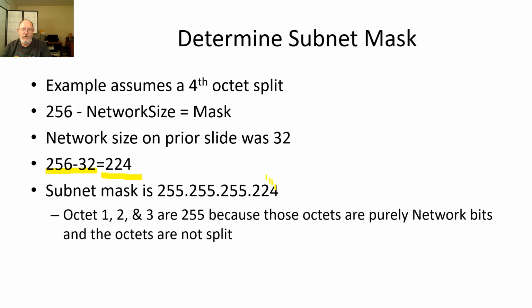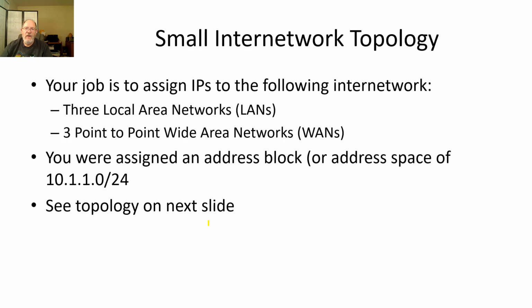In this case, since we're doing a fourth octet split, that's going to be the value for the subnet mask in the fourth octet. I'm hoping that it's obvious that because we have less than 256 addresses, the mask for octets 1, 2, and 3 is 255, because those octets identify a network ID rather than host ID. So I'm going to take a scenario.